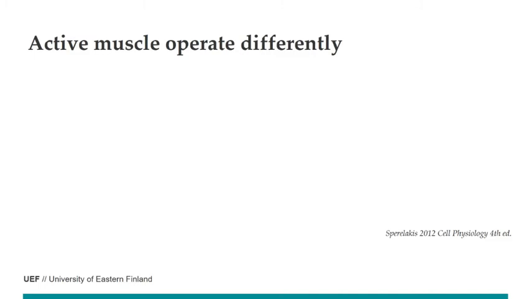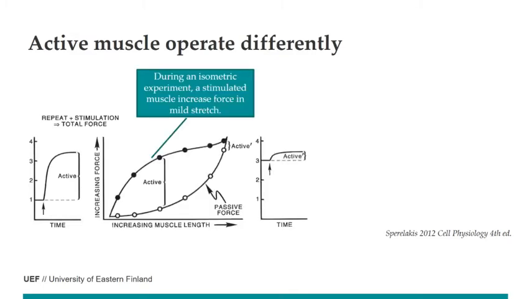Then when we have active muscle, they operate actually a little bit differently. So when doing the same thing, stretching the muscle, but now stimulating the muscle, you can measure the total force. And this active force is increased already at mild stretch.